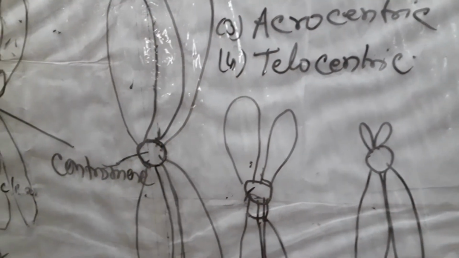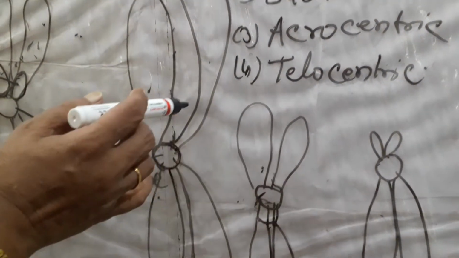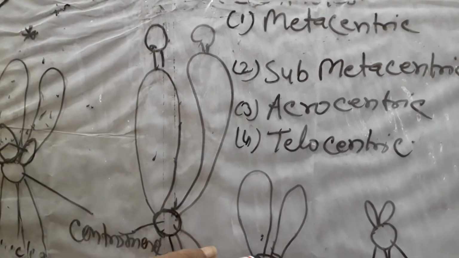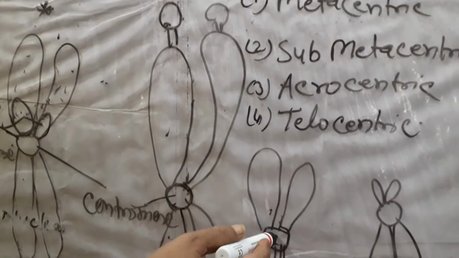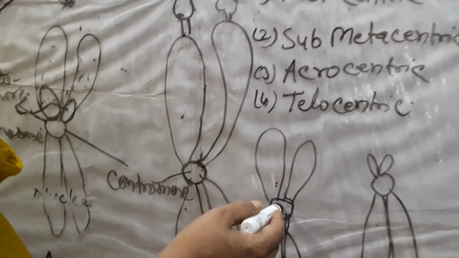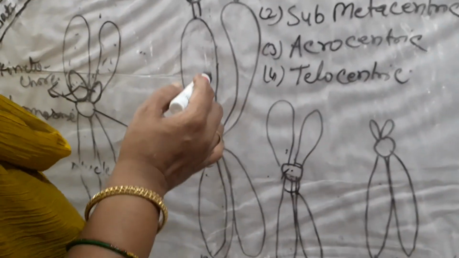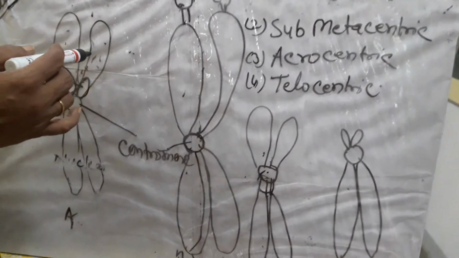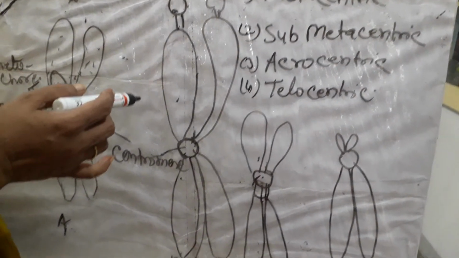So these are the four different types of chromosomes on the basis of the positions of the centromere. So these are the structures and functions of the nucleus.